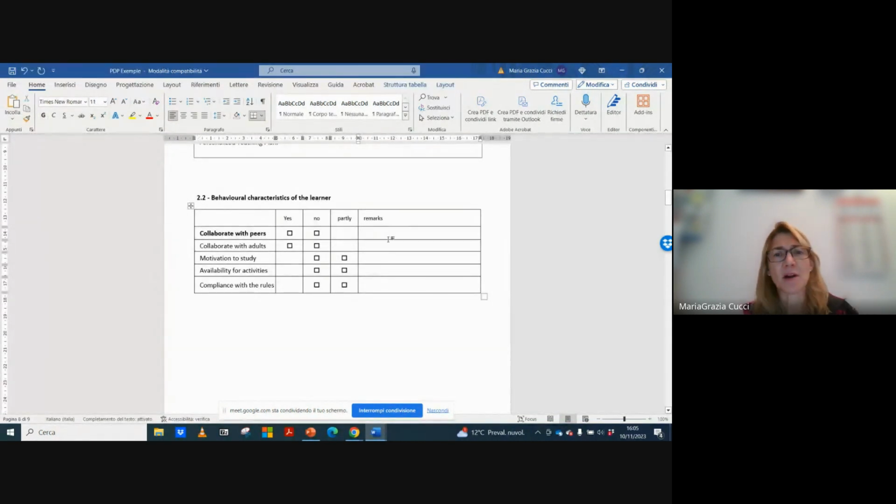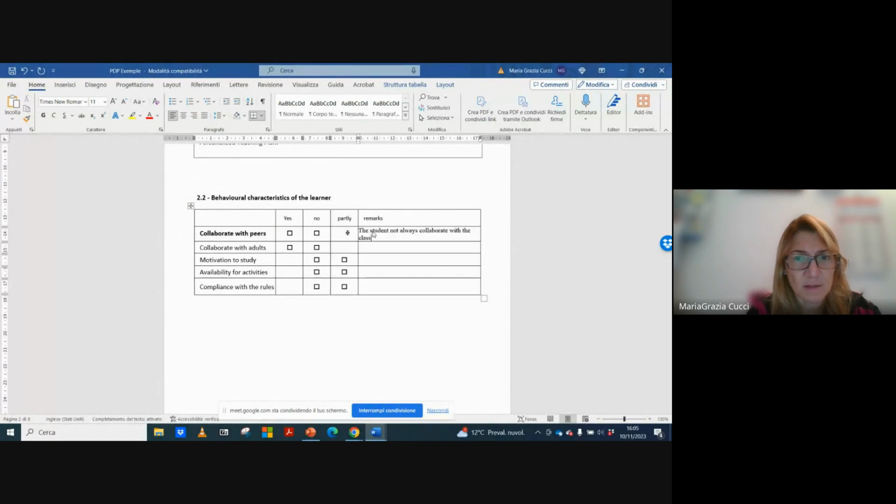And here in the remarks, we can say partially, for instance, and write the student does not always collaborate with the classmate.